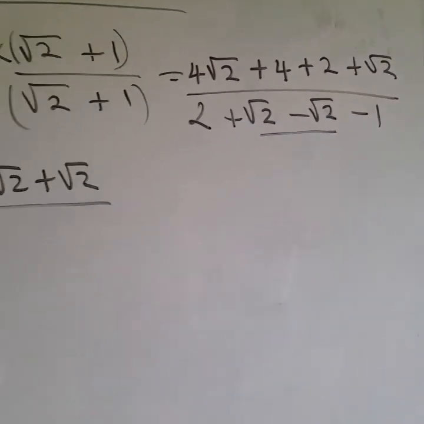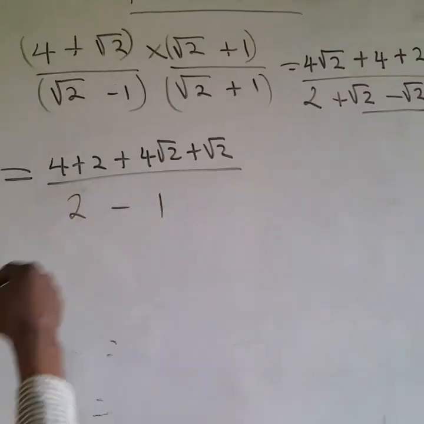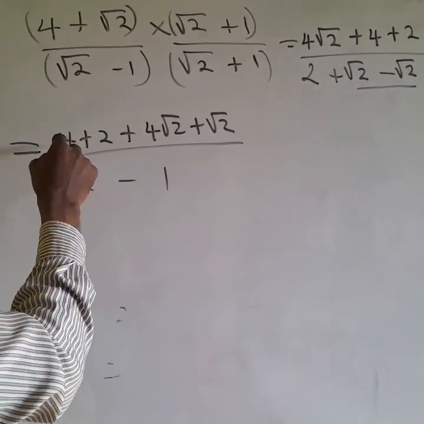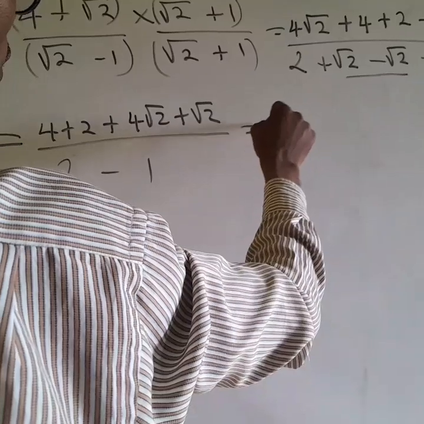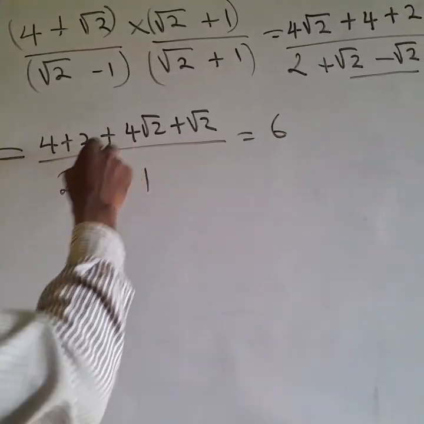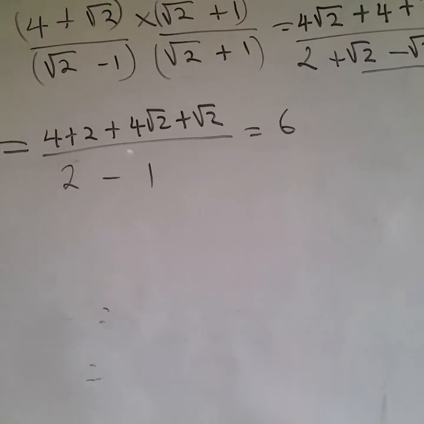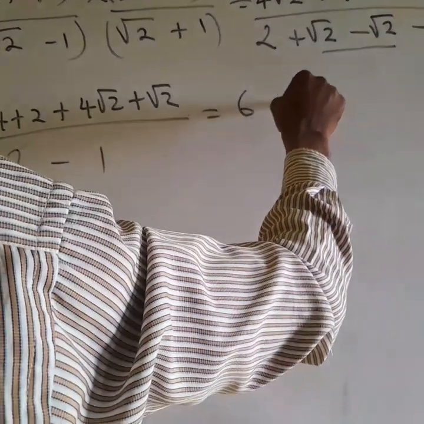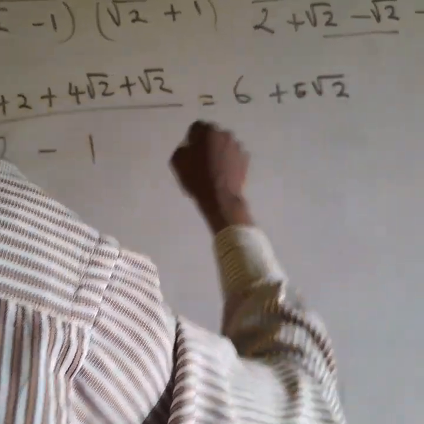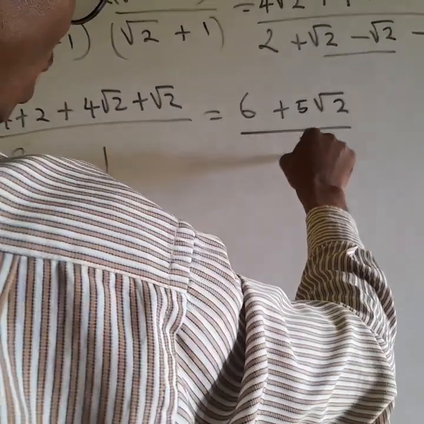We are left with 2 minus 1. Here, 4 plus 2 will give us 6. Now, 4 root 2 plus root 2, that will give us plus 5 root 2, all divided by 1.